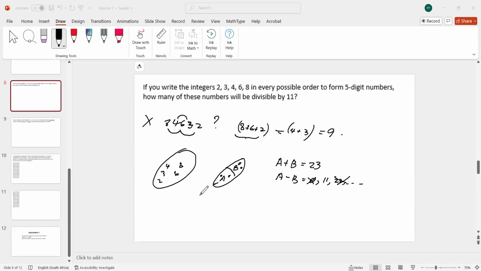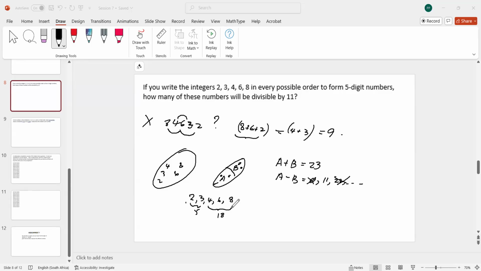So now that's the question. Now you got these numbers 2, 3, 4, 6, 8, and you have to take them two at a time and see whether the difference is 11. If you take 2 and 3, you got 5, and you take this with 18, the difference is not 11.